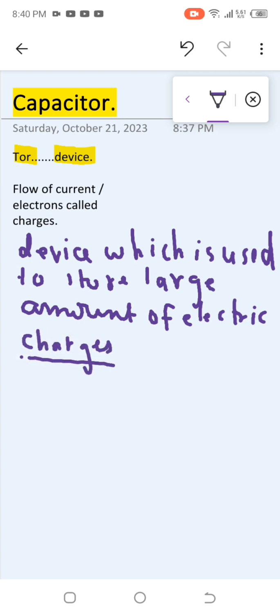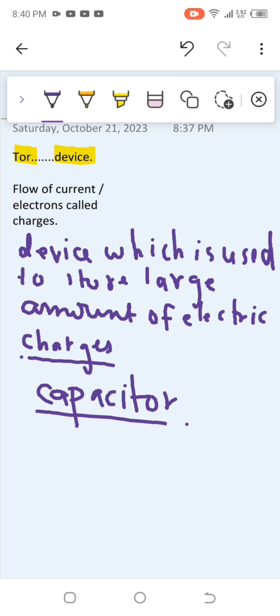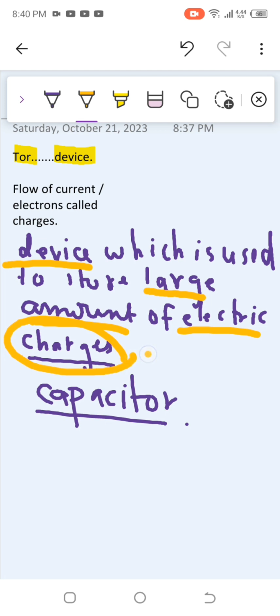That is called a capacitor. Hopefully this is clear to you. It is a device which is used to store a large amount of electric charges, it helps in storing electric charges. So that is called a capacitor.